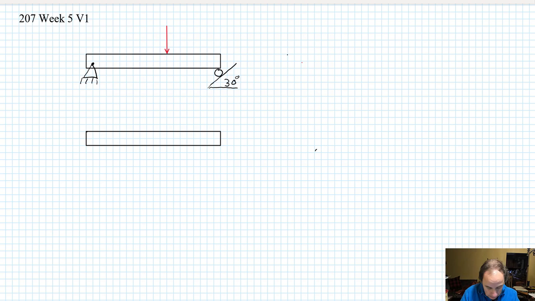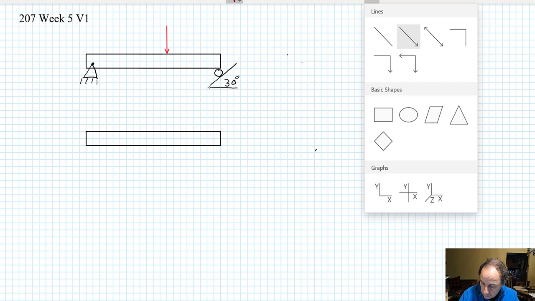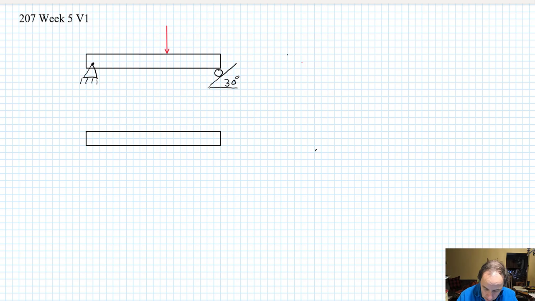Okay, so at A, calling this A over here, we have, let's redo that. We have a Y component and we have an X component.